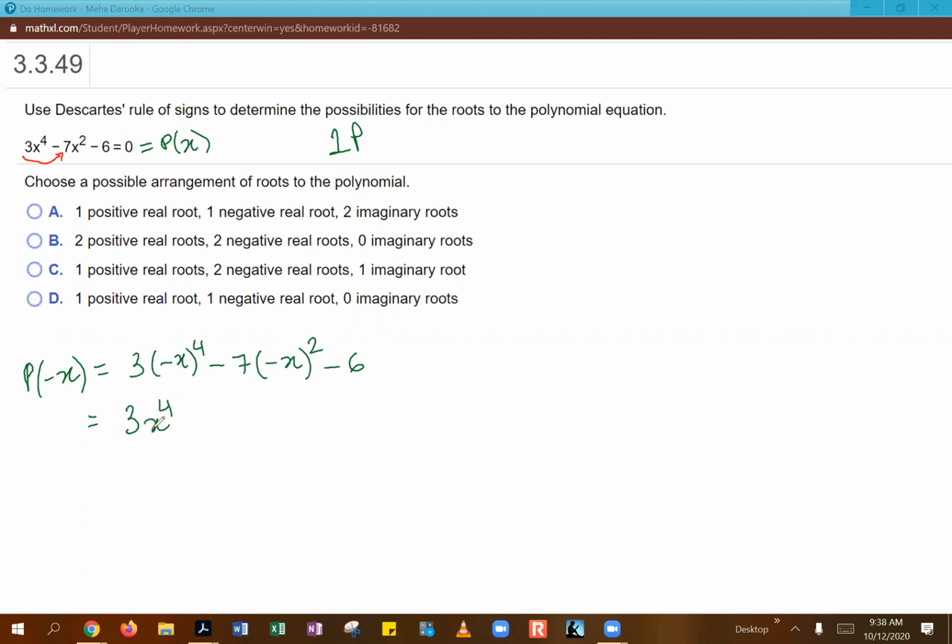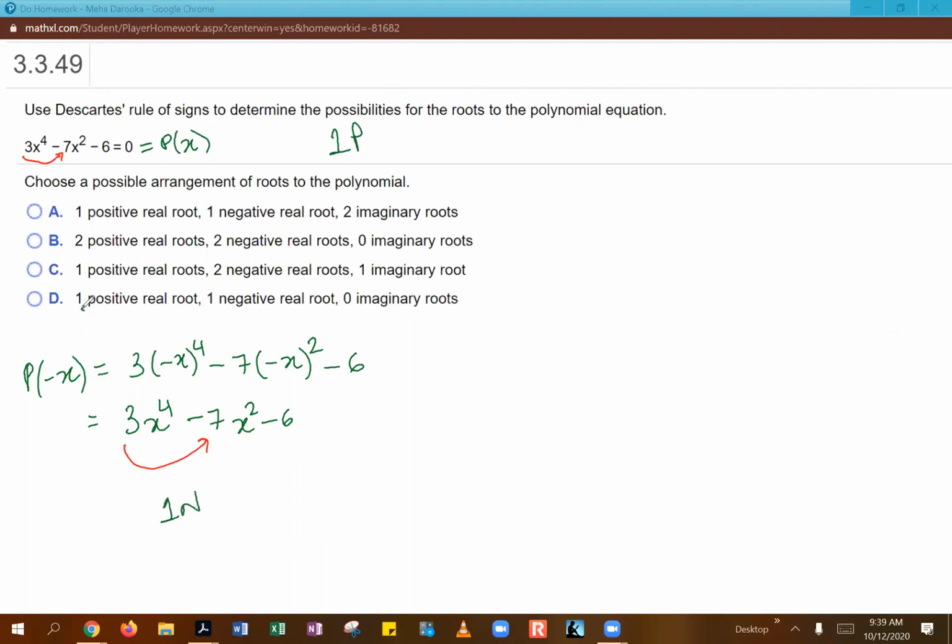So this will become positive 3x to the fourth, negative x squared to the second power also becomes positive. So that negative 7 does not change. It stays at negative 7x squared minus 6. So even at this point, when you talk about variation, there's only one variation happening over here from positive to negative. So that means, again, we will have only one negative solution.